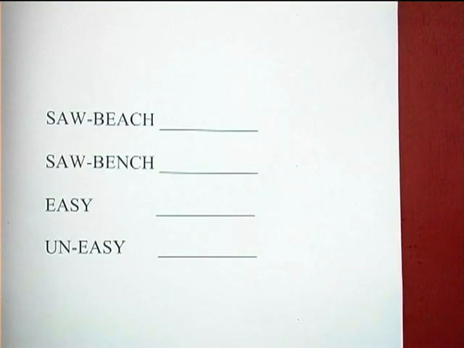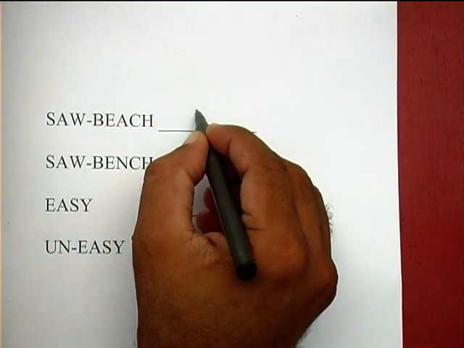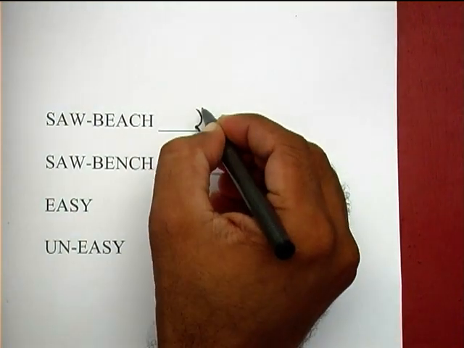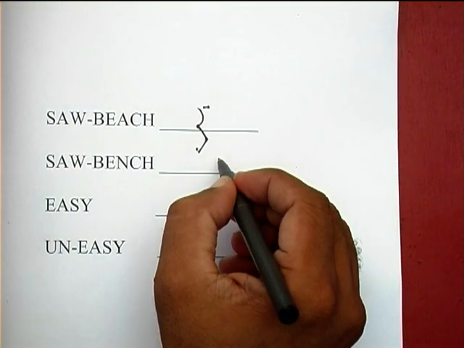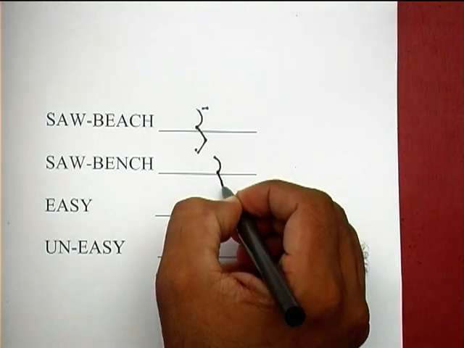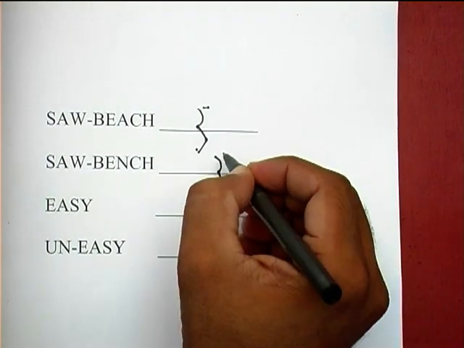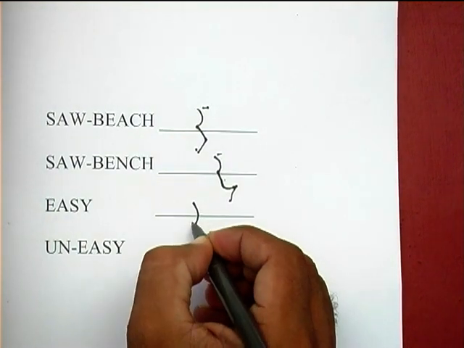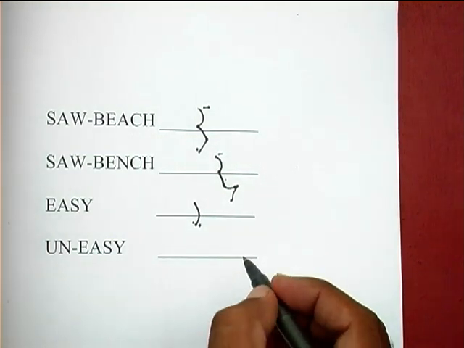Stroke S or Z is retained even in two joined words, for example, saw beach, saw bench, easy, uneasy.